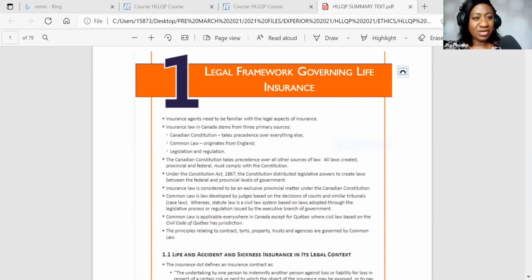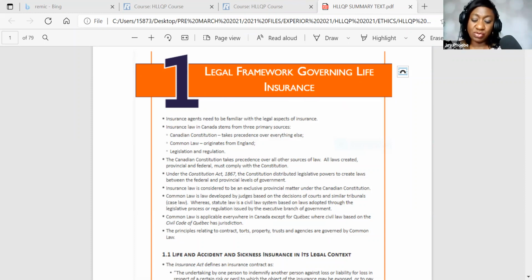Now, as insurance advisors, we have to deal with different situations in the lives of families and individuals that we help. That's why discussing ethics and the legal frameworks that govern life insurance is very important for us, to have an understanding of the basic legal frameworks and how they affect individuals.